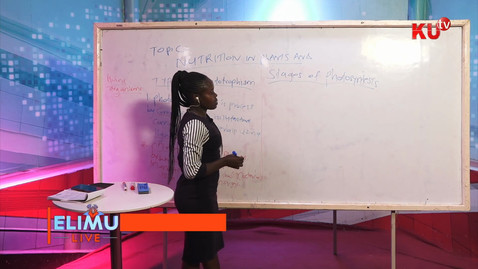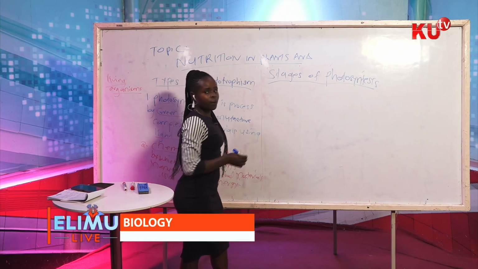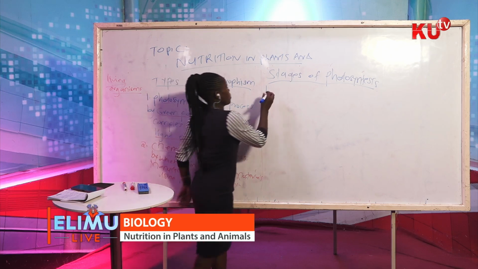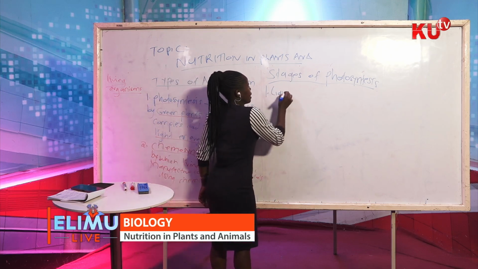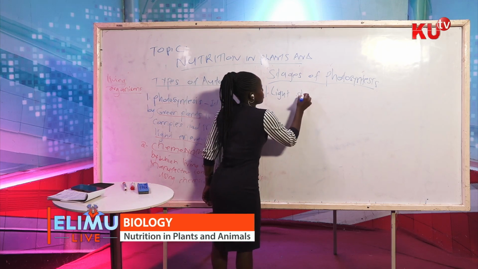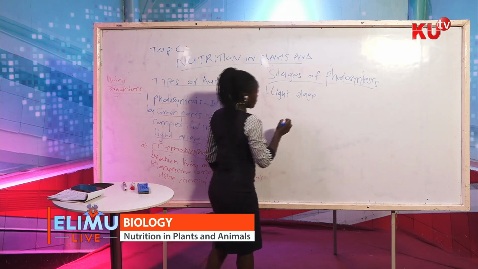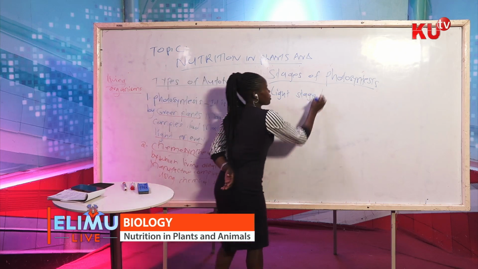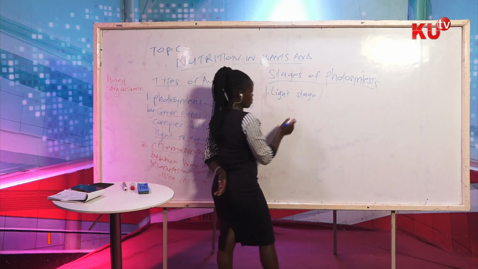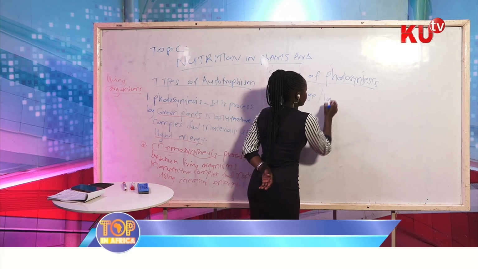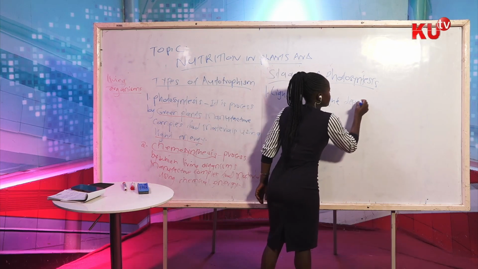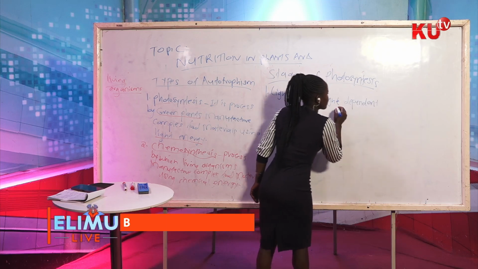There are two stages of photosynthesis. One, we have the light stage, also known as the light dependent stage.